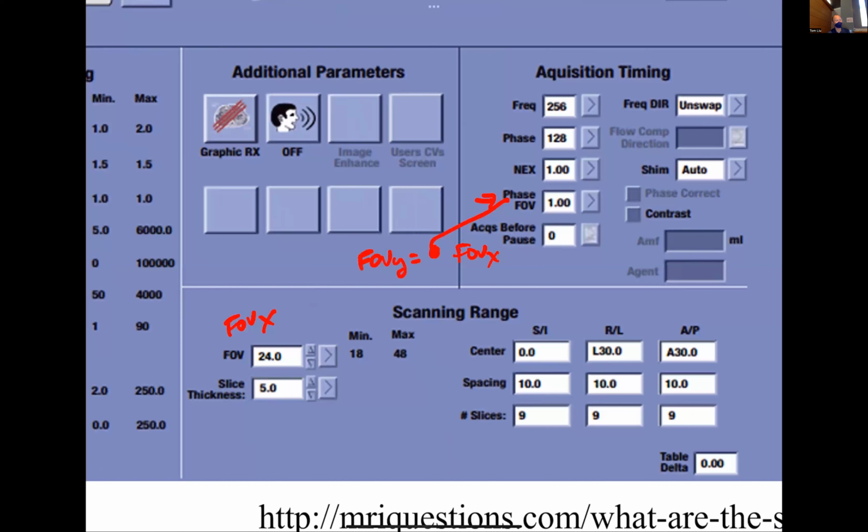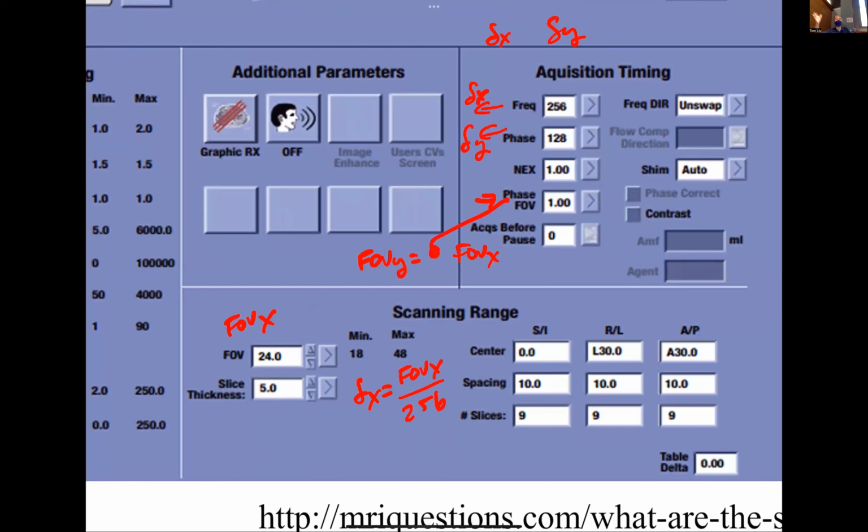You also notice there's no resolution here. There's no delta X or delta Y here, right? But what there is, you see this frequency and phase. Okay. So this is going to give me my delta X. This is going to give me my delta Y. In this case, delta X is going to be the field of view in the X direction divided by 256. Okay.